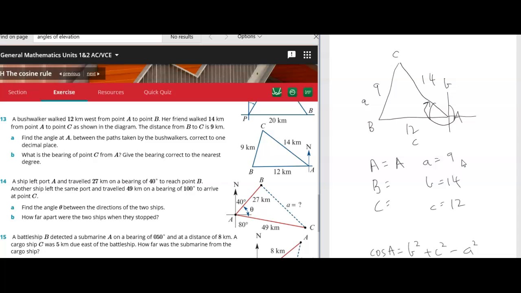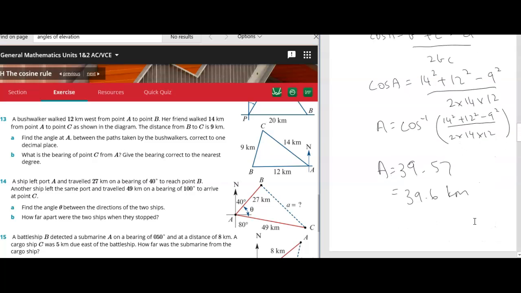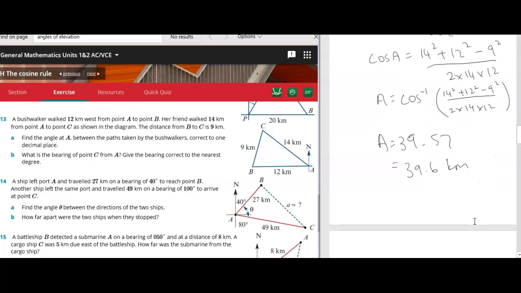So we've already found this angle. So we just need to add that on to 180. So easy peasy. So 180 plus 39.6. So 119. No, 219. Oops. 219.6 degrees.